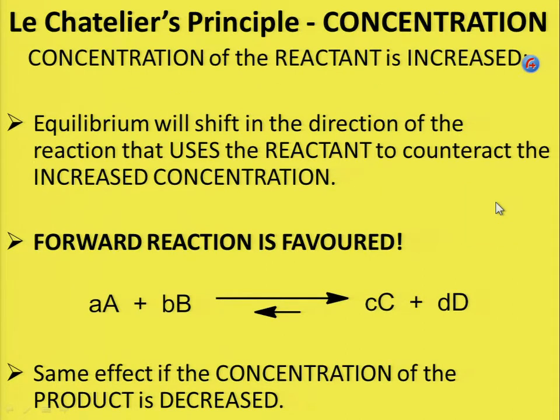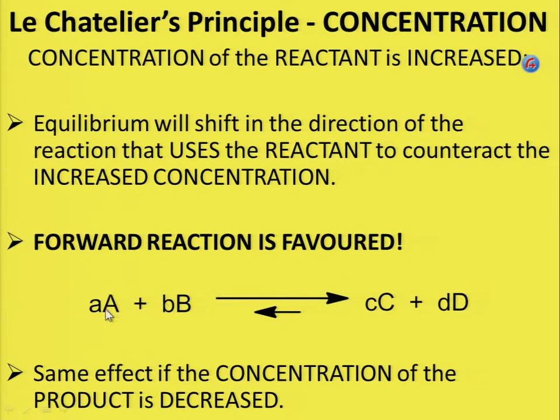Equilibrium will shift in the direction of the reaction that uses the reactant to counteract the increased concentration. Like I just said, the forward reaction will be favored. If you add A, which is the reactant, you will want the reaction to use up A to get to equilibrium again.